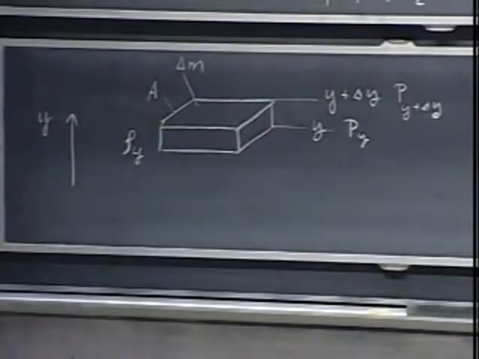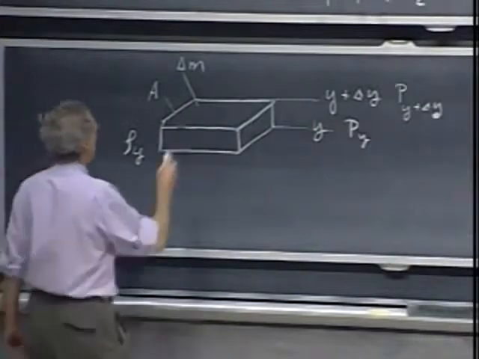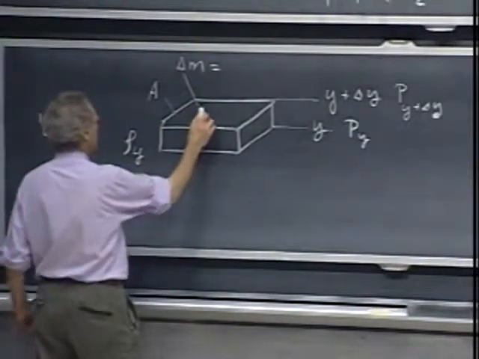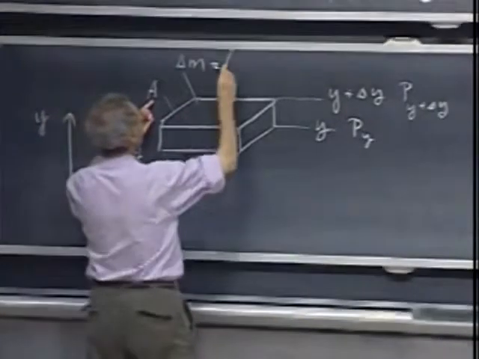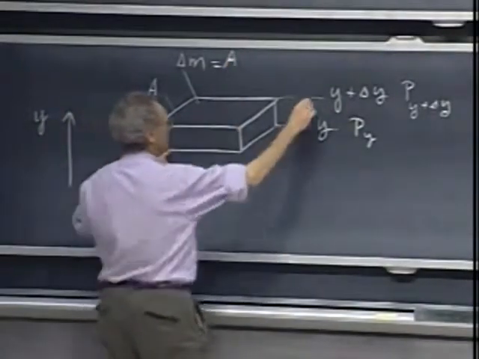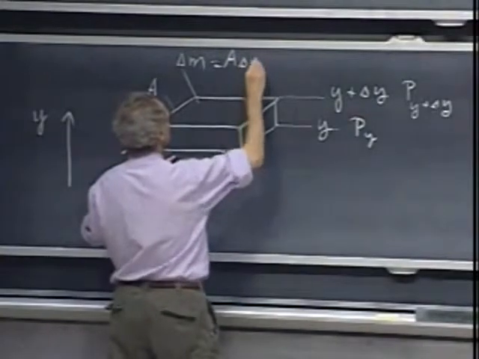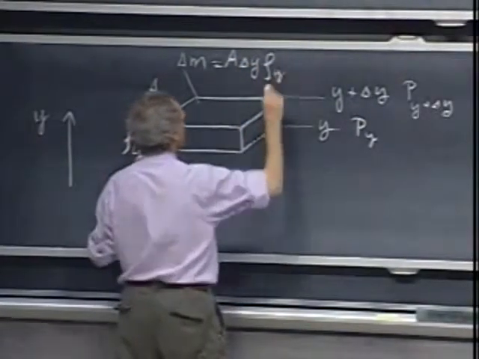We will leave that open for now. And so the mass that I have here is the volume times the density, and the volume is A, the area, times delta y, and then times the density, which may be a function of y.